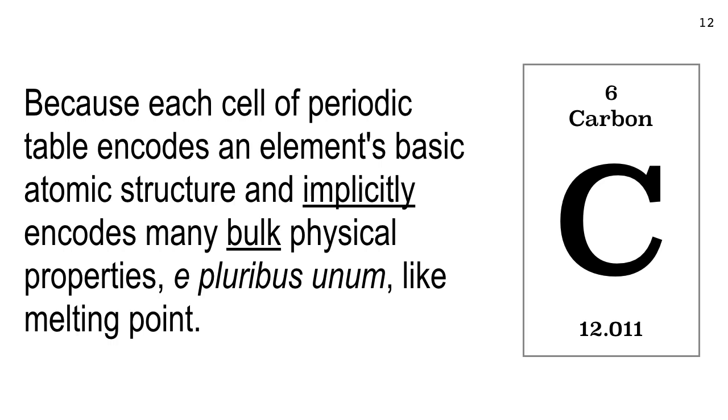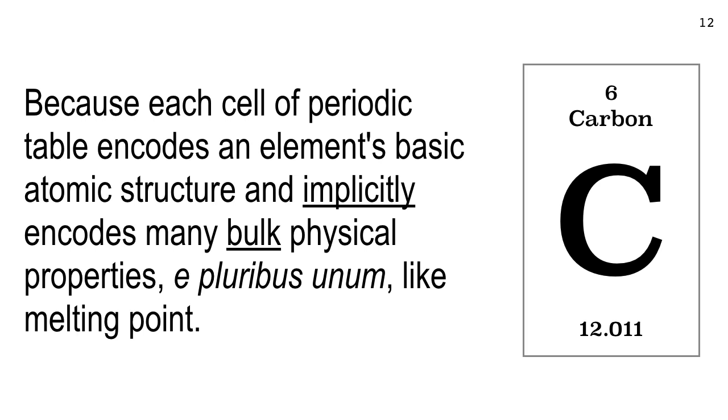And the arrangement of cells in the periodic table is meant to also encode physical bulk properties. And it's not explicit. So you don't actually see the melting points listed in the periodic table, not usually.